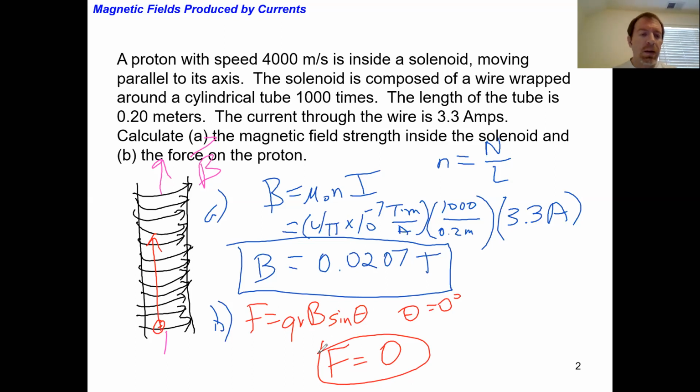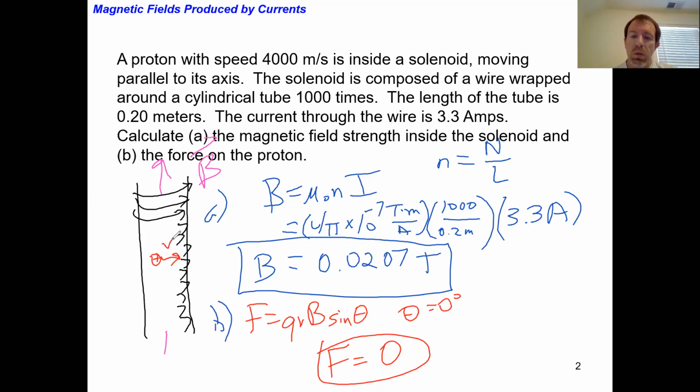Now, on the other hand, if I had said this proton is inside the solenoid and headed that way, perpendicular to the axis, in that case theta wouldn't have been 0 degrees, theta would have been 90 degrees, and then we could calculate the force.